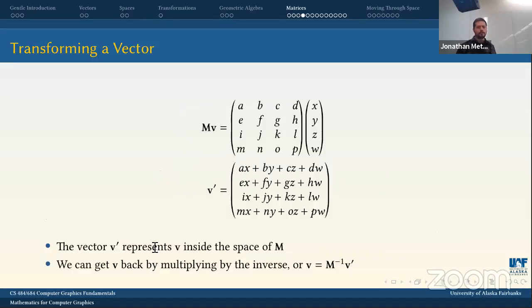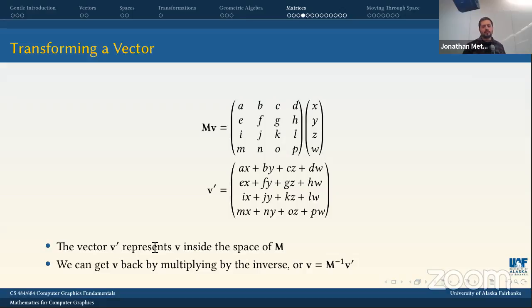Okay, so next we'll talk about transforming a vector. So how do you actually move a point around in space? How do you use a matrix with a vector? The way that we do that is the same concept as multiplying two matrices together, except that the other matrix just has one column.